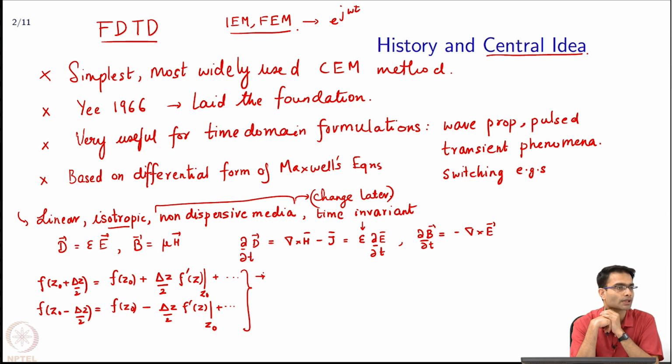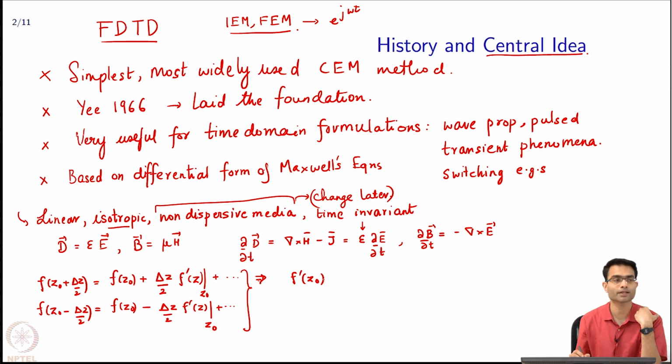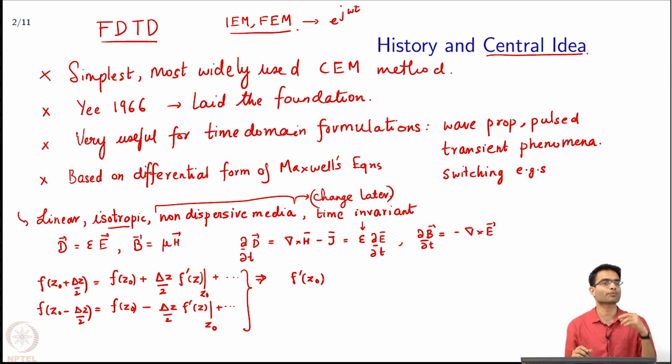Subtract these two equations. If I subtract these two equations, what happens? F of z naught cancels off, right, and then I am left with delta z by 2 is common and it is there 2 times, right. So that becomes delta z times f prime on the right hand side, and the left hand side will become f of z naught plus delta z by 2 minus f of z naught minus delta z by 2, right. So this implies that f prime of z naught, but you should know that this means f prime of z evaluated at z equal to z naught, right.